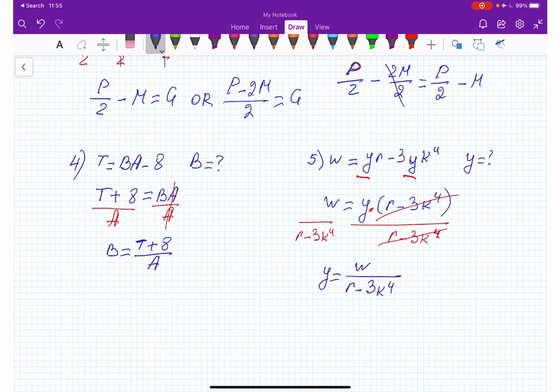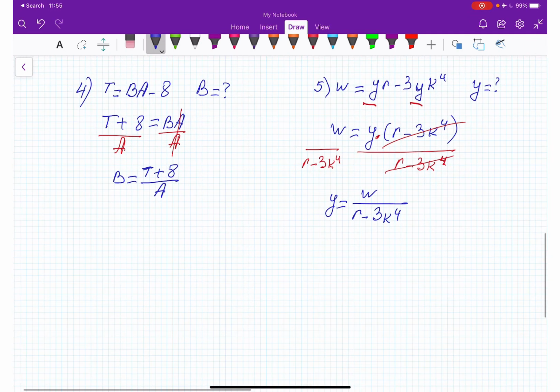Next one, question number 6. T is equal to m times 7 plus fg, and we need to solve for f.